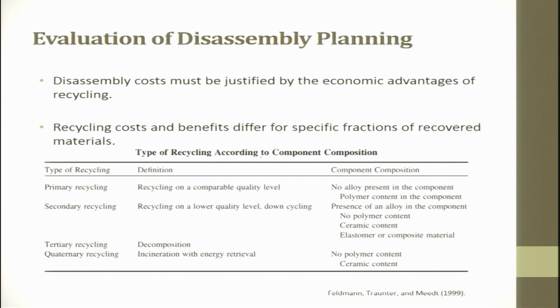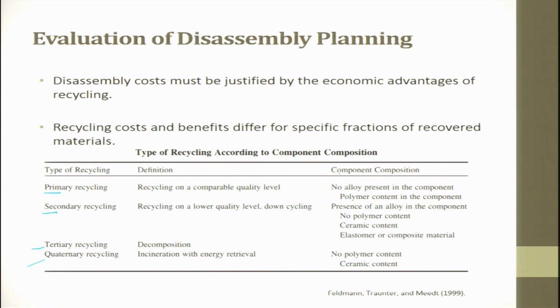So, types of recycling according to the component composition: we have primary recycling, secondary recycling, tertiary recycling and quaternary recycling. Primary recycling is defined as recycling on a comparable quality level: no alloy present in the component, and polymer content in the component is taken care of. Secondary recycling is recycling on a lower quality level, downcycling: presence of an alloy in the component, no polymer content, ceramic content, elastomers and composite materials.